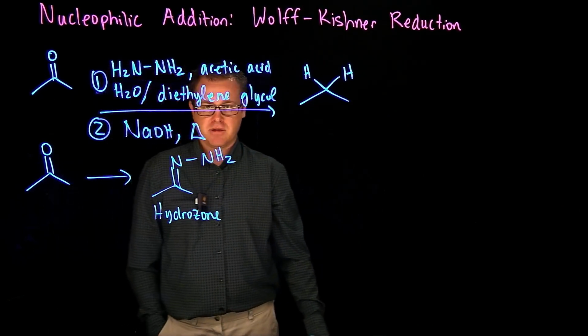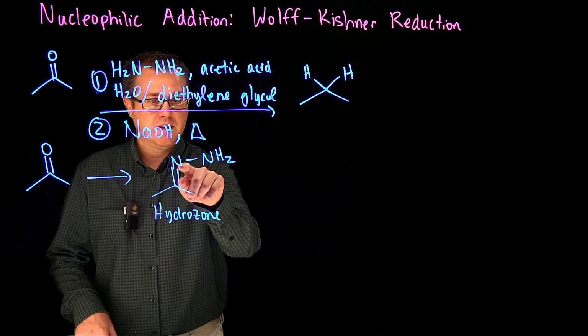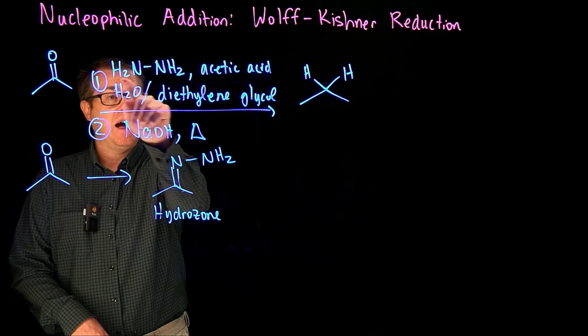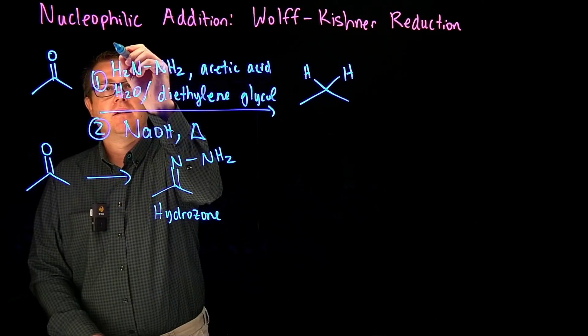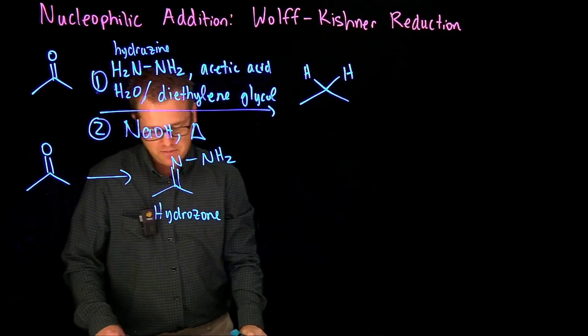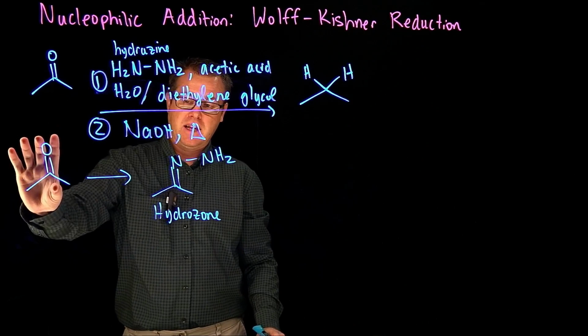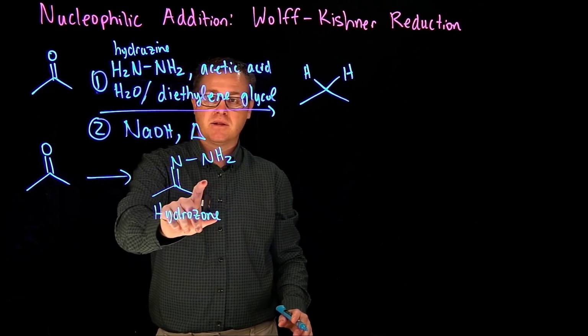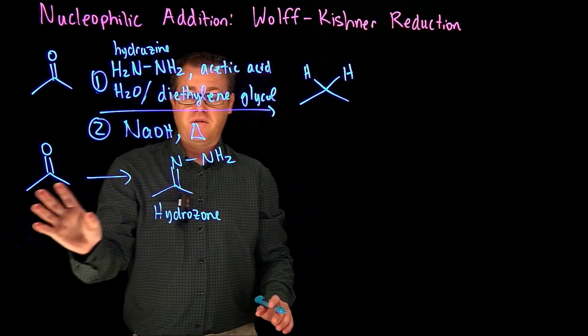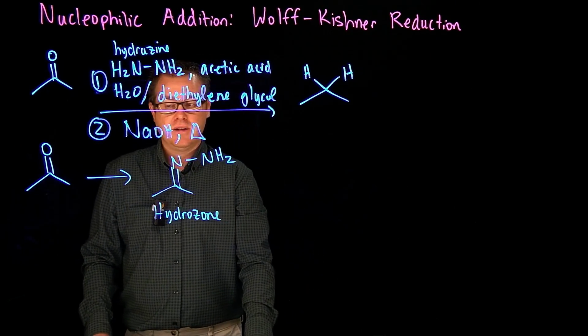So that's a hydrazone. And you see how these nitrogen species are coming from the hydrazine. So we have hydrazine that's used to convert the ketone or aldehyde into a hydrazone. So that is the first mechanism that I want to focus my attention on.